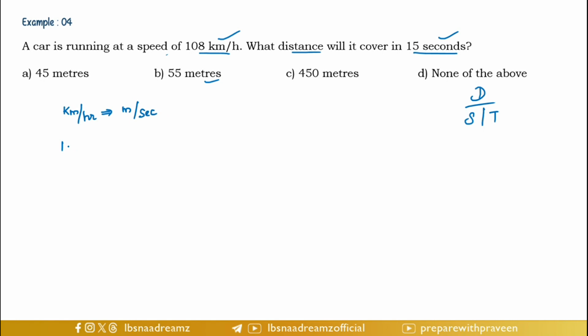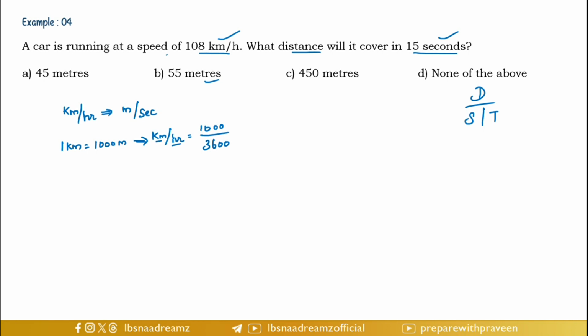We know 1 kilometer is equal to 1000 meters, right? So instead of multiplying 108 into 1000, we will use one technique. So kilometer per hour is equal to 1000 by 3600.